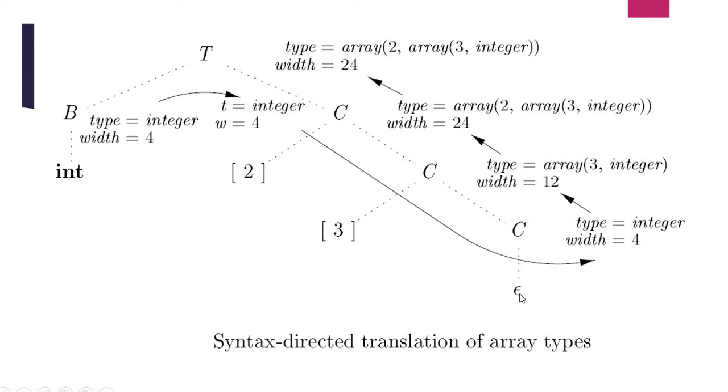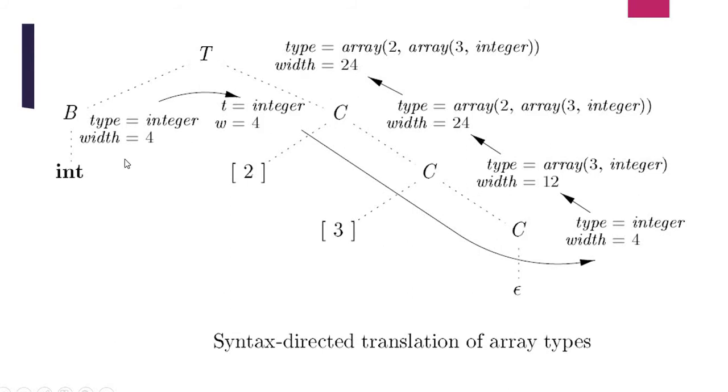Then after converting the synthesized value to inherited value, the values will help us compute the intermediate results, and they will be passed on to each parent, and finally reach the start symbol T, and there we will compute the attributes of T. The type and width will be calculated here.